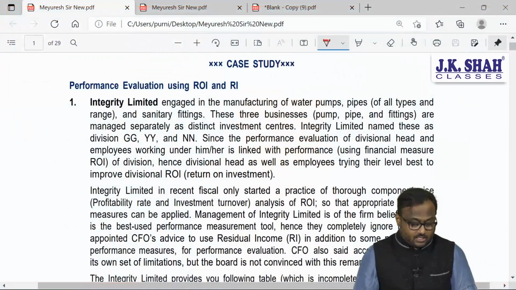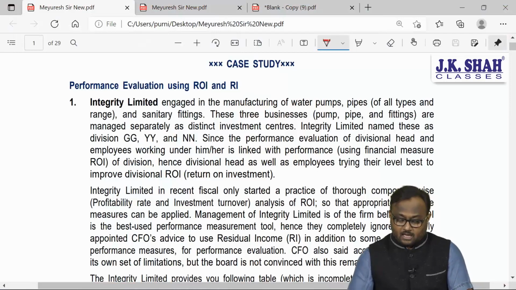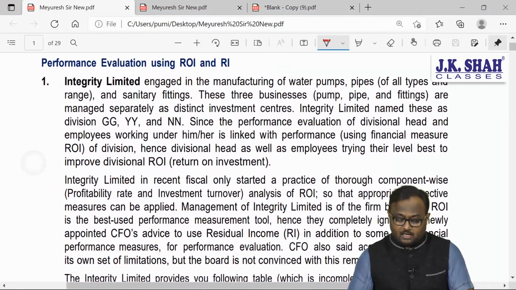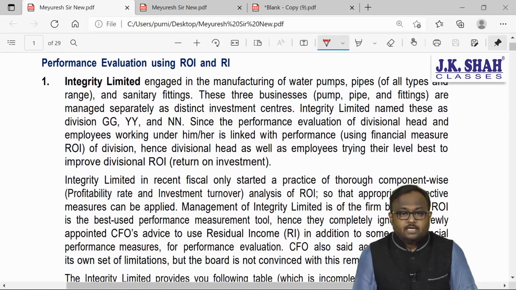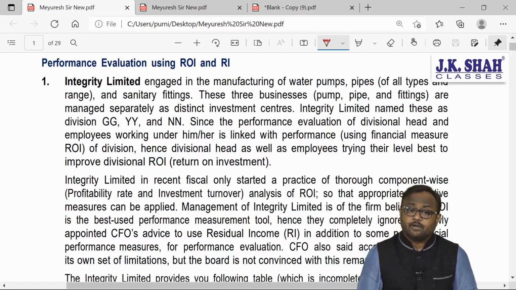First question is, guys, a case study. Integrity Limited is engaged in manufacturing of water pumps, pipes of all types and range, and sanitary fittings. These three businesses, pump, pipe and fittings, are managed separately as distinct investment centers.